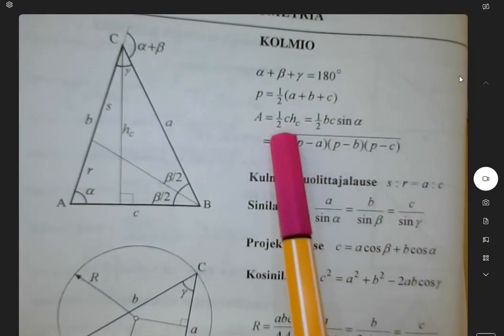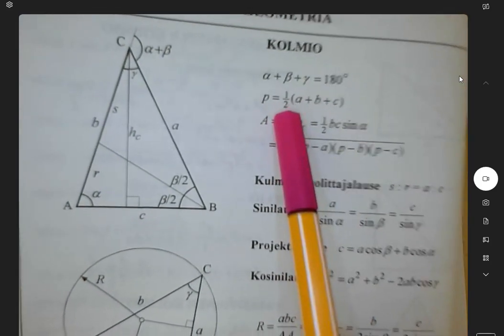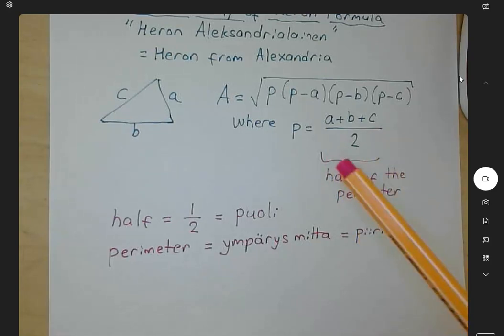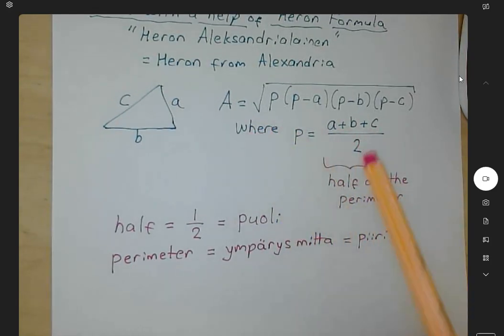So there is half and there is half and also there is half. I've done the proof sometimes, and it is not so easy.